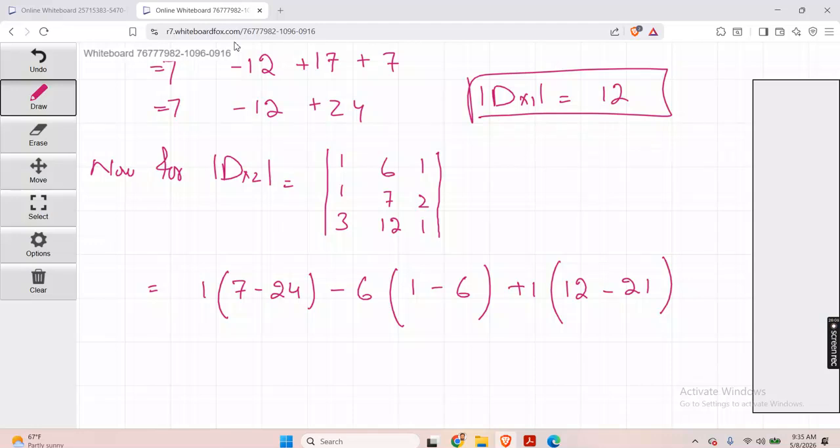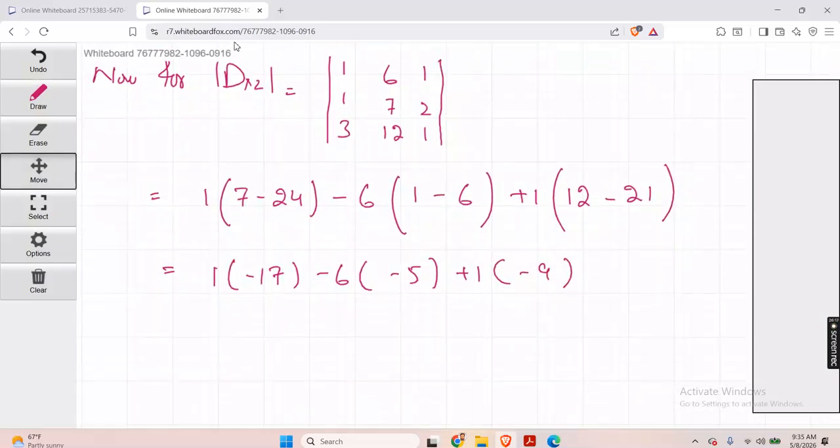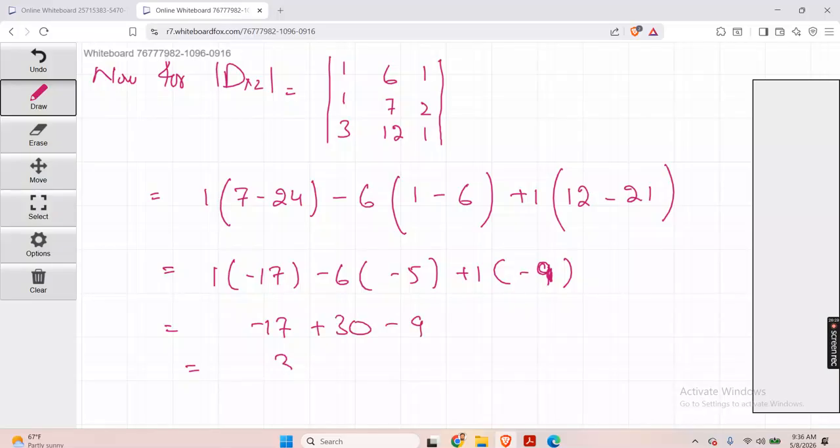So you will get 1 into minus 17, minus 6 into minus 5, plus 1 into minus 9. So minus 17 plus 30 minus 9. So we have 30 minus 26, so dx2 is equal to 4.